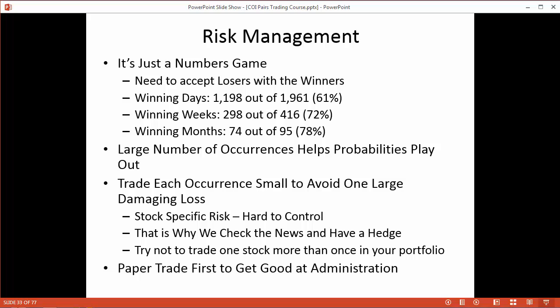Also, we should trade each occurrence small to avoid one large damaging risk. In other words, no matter how good a job we do at curating our pairs, we have stock-specific risks. This is risk that's hard to control. Now sometimes this happens in our favor. We just happen to be short, let's say a stock that has some big event, and we are able to benefit from it.